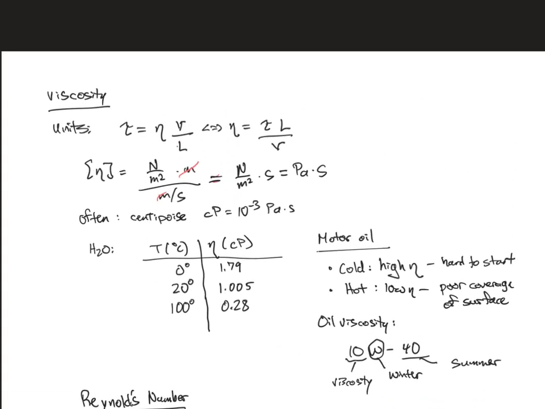And let's look back at this equation, which is the one that basically is defining our viscosity. And remember that tau is the force per unit area if I'm trying to move one surface relative to another surface that's a distance L away.